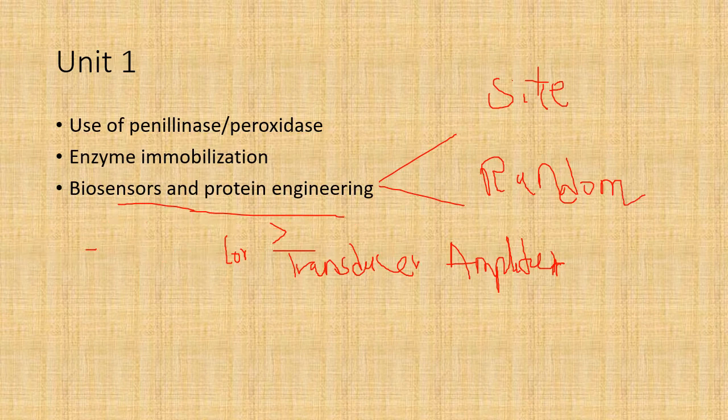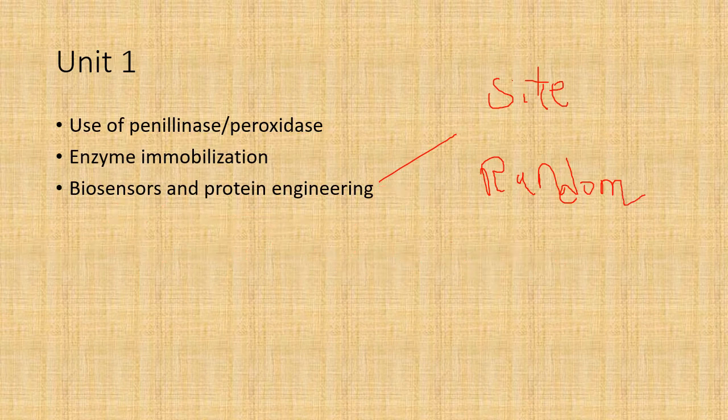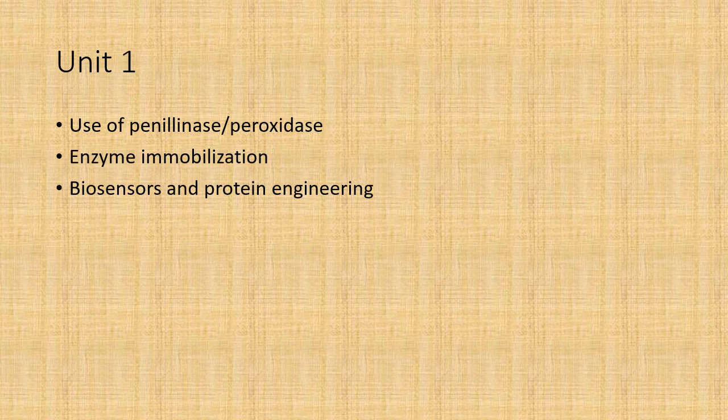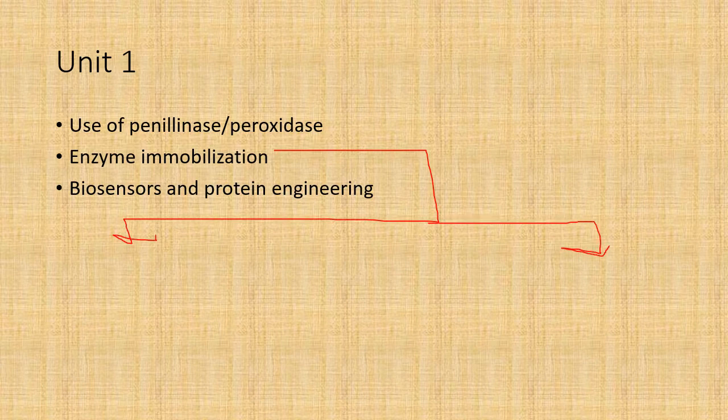Enzyme immobilization is a very important question because it has been asked a multiple number of times in examinations. There are basically two major methods of enzyme immobilization: reversible and irreversible. In reversible, basically you have attachment and adsorption.